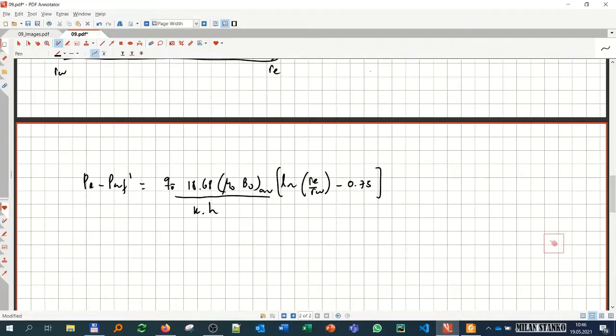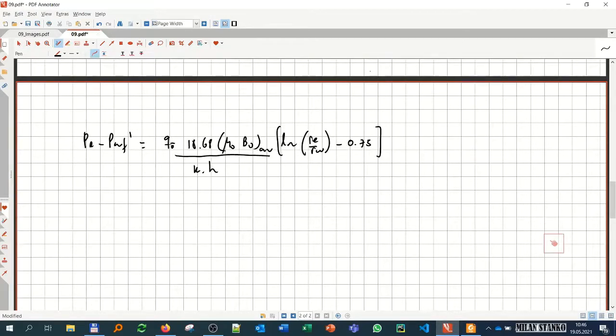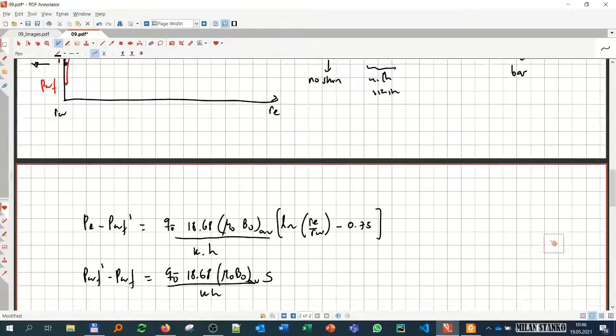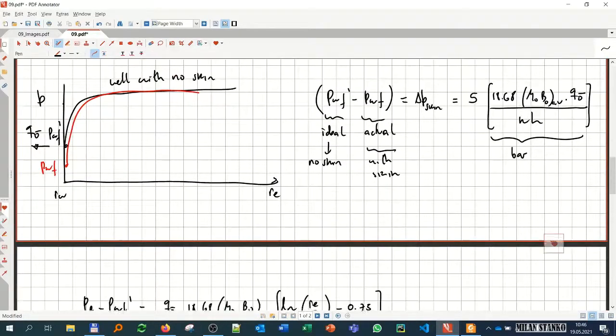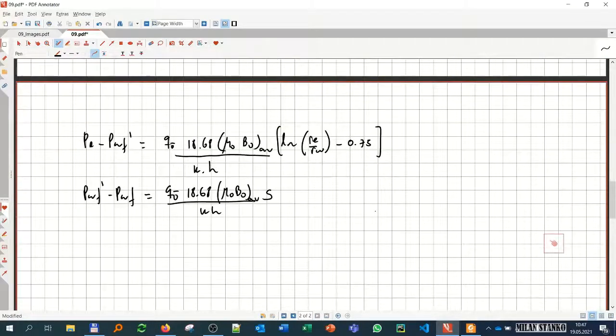So that's the ideal, and then we have PWF prime minus PWF. This is the skin, which is that dimensionless factor S multiplied by QO 18.68 mu BO average divided by KH, which was coincidentally exactly the factor we defined here.